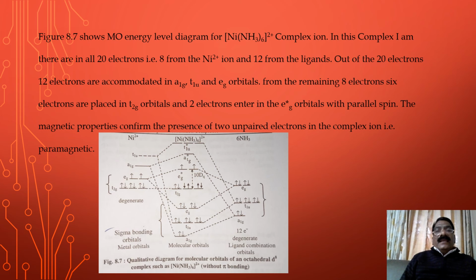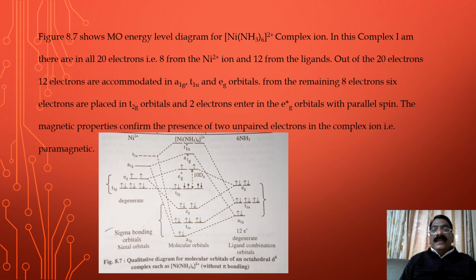The complex [Ni(NH3)6]2+. The MO energy level diagram for this complex ion is shown here. In this complex there are 20 electrons, that is 8 from the Ni2+ ion and 12 from the ligands. Out of these 20 electrons, 12 electrons are accommodated in a1g, t1u, eg orbitals.